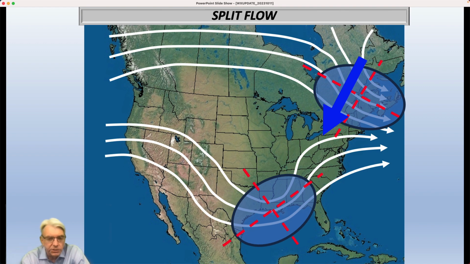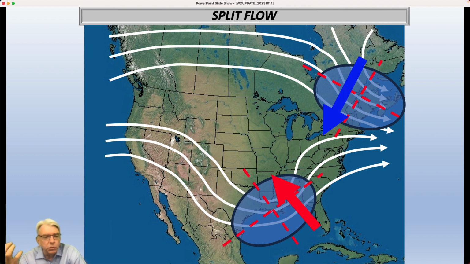Then, in the southern branch of the jet stream, remember that we have rising motion here and sinking motion here. So if the air is sinking here and rising here, again, something has to come across in the low levels to replace that air that is rising. And so in that case, you get a flow out of the southeast, which is helping to transport warm, moist air from the Gulf of Mexico and the Atlantic Ocean, and then that warm, moist air is forced to ride up and over the cold air that is being supplied by this jet streak up in here, okay?